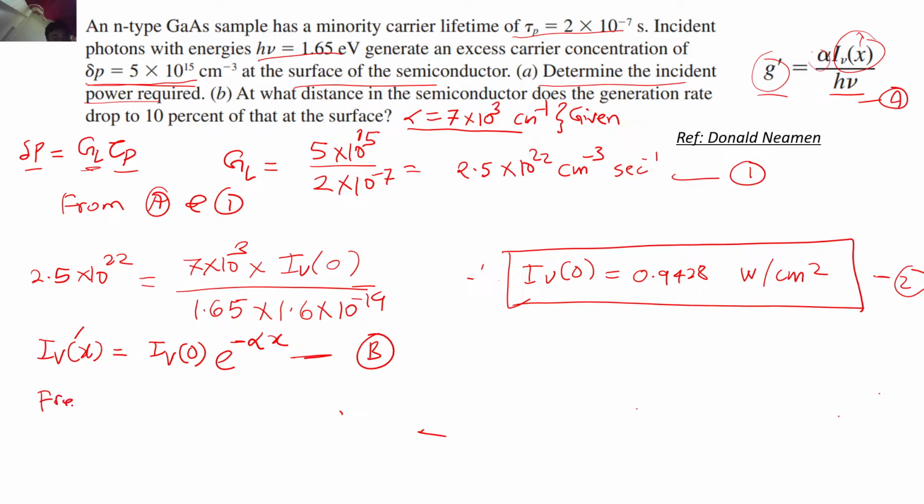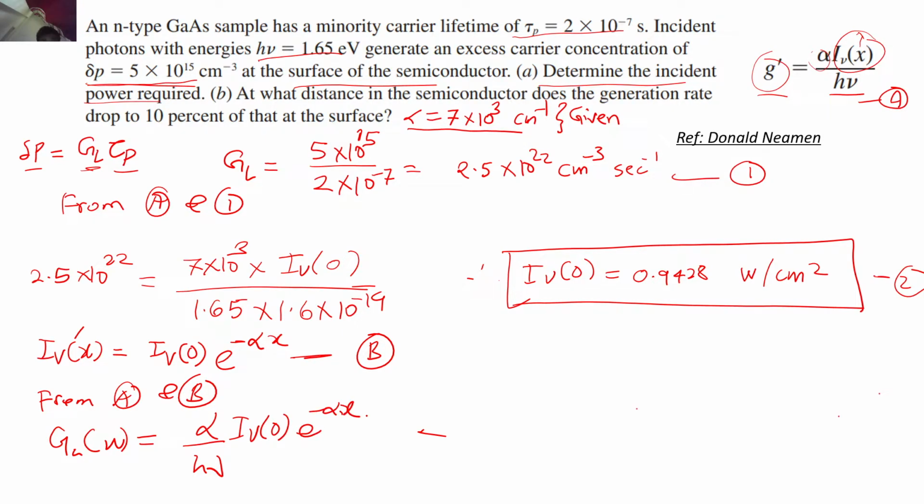So if I combine A and B, what is going to happen? G_L(x) will be alpha over hν times Iν(x), so it is Iν(0) times e to the power minus alpha x. Hence G_L(x) will be alpha times Iν(0) over hν, which is nothing but the generation rate at the surface, times e to the power minus alpha x.